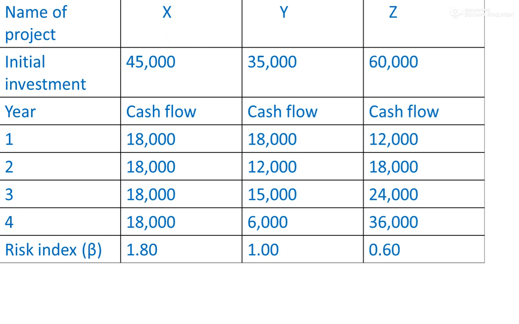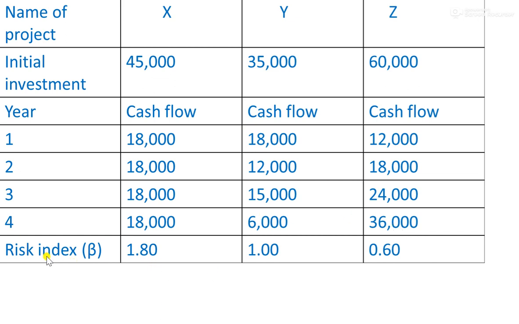These are the three initial investments: 45,000, 35,000, 60,000, and the cash flows for the three projects. The 4-year cash flow for X is 18,000, every year equal. Then for Y: 18,000, 12,000, 15,000, 6,000, and then for Z: 12,000, 18,000, 24,000, 36,000. Dear students, look at this.